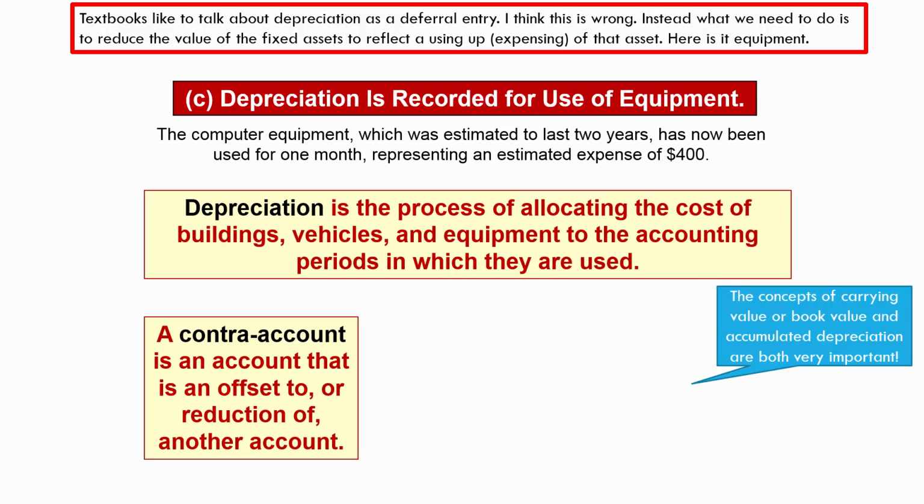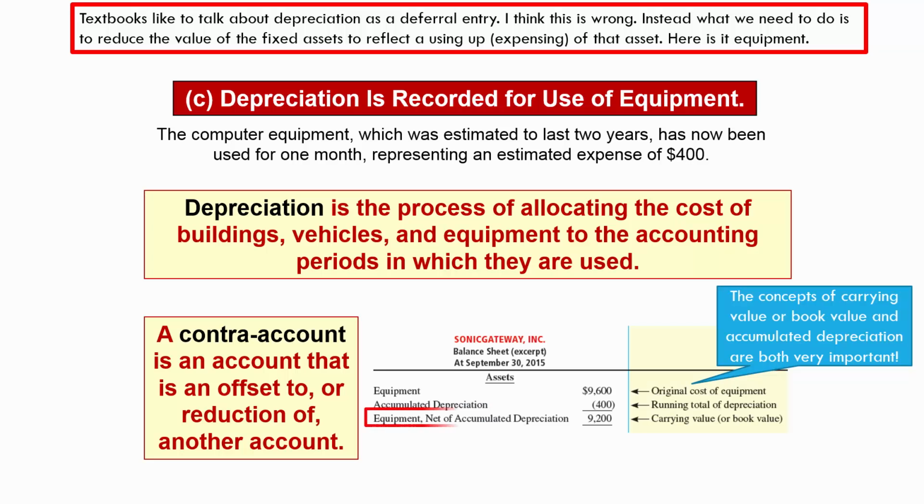And what we do to do this, again, is instead of crediting buildings, crediting vehicles, crediting equipment, and debiting depreciation expense, we debit depreciation expense and credit this thing which we call a contra account or an offset account. So they create another account mainly to keep track of things, and it's related then to this buildings, vehicles, and equipment account.